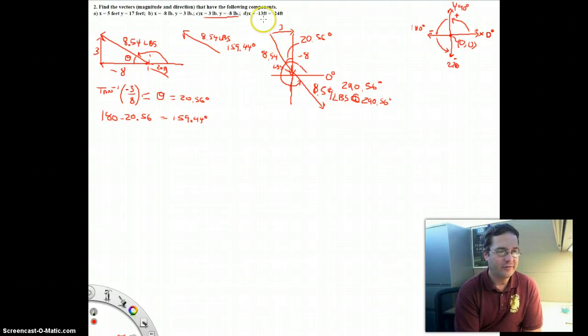And then the last part of this, part D of this problem, the numbers are different, but it's exactly the same procedure. So we have a force to the left of 13, or I'm sorry, this is a distance problem. We're traveling to the left 13 feet. We're traveling south, so I guess we should use cardinal directions here. We're traveling west 13 feet, then we're traveling south 24 feet.